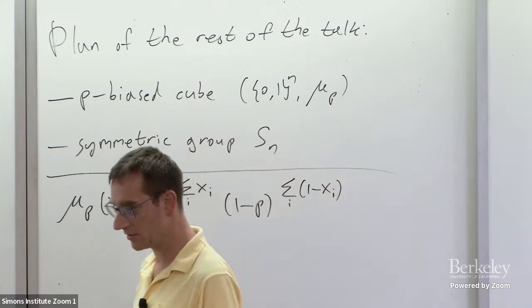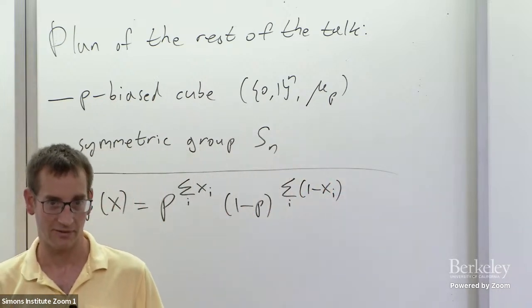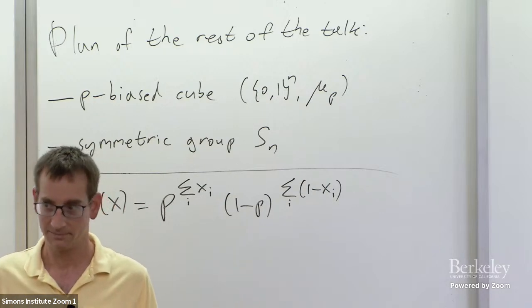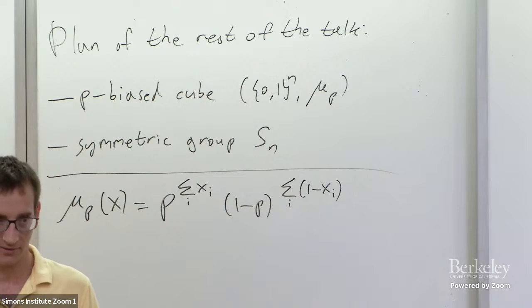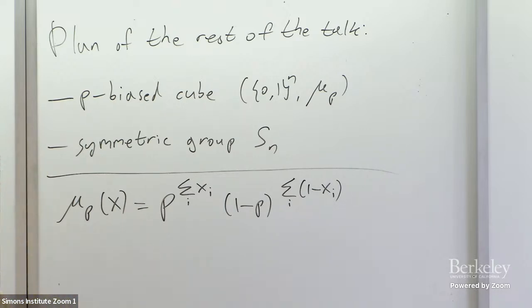This corresponds exactly to the Erdős–Rényi random graph, for example. You put in each edge with probability p, it's the same thing, only now we don't have a graph. It's just unstructured input.